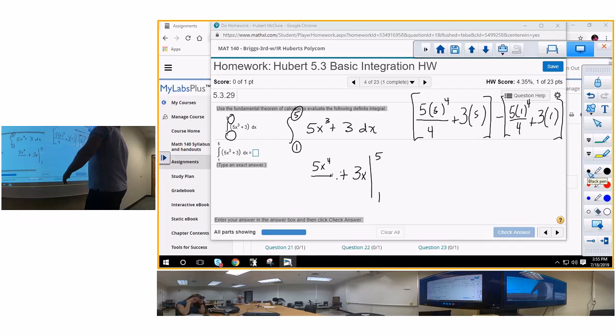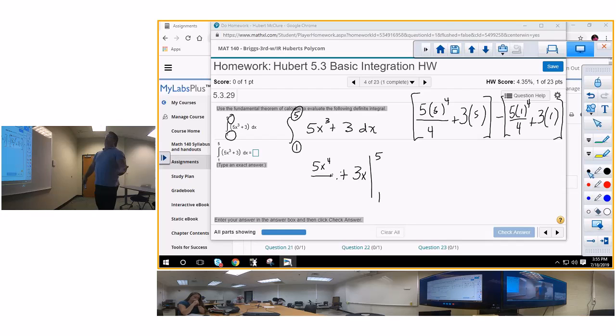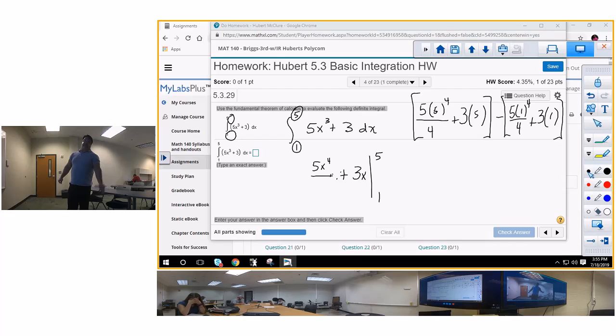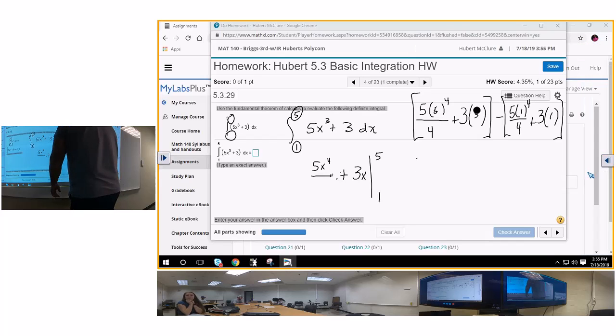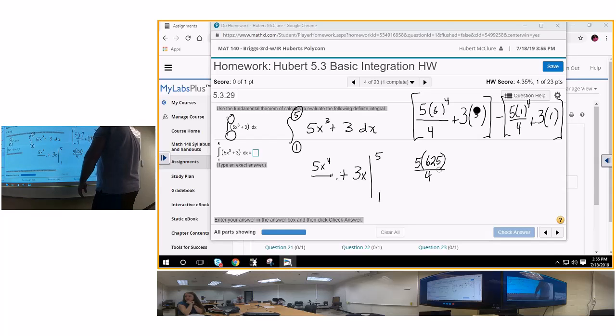Well, 5 to the 3rd power is 125. So 5 to the 4th power would be 125 times 5, which is 625. Somebody help me out. That's correct. Okay, so 5 times 625 over 4. I know we could probably reduce, but I'm not really worried about that right now.